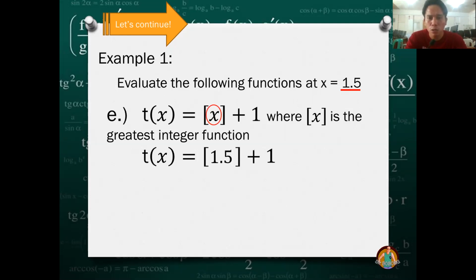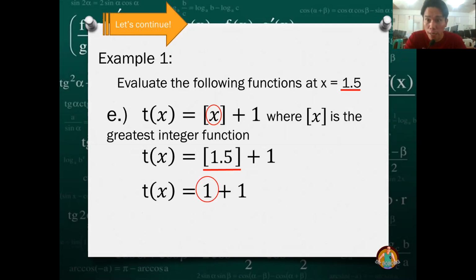It will become 1.5. Next, square bracket of 1.5 plus 1. Magiging 1 plus 1. Bakit naging 1? Kasi the square bracket of x should be the greatest integer function. Sa 1.5, ano yung integer niyan? Is it 1 or 0.5?